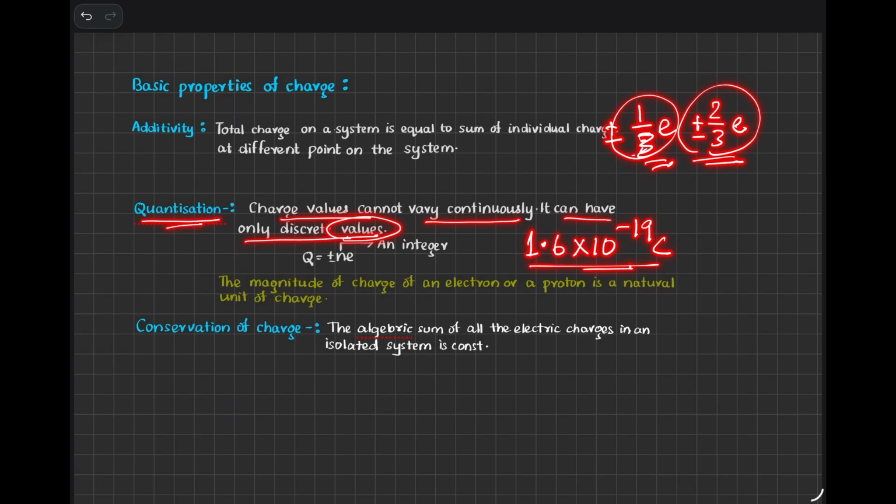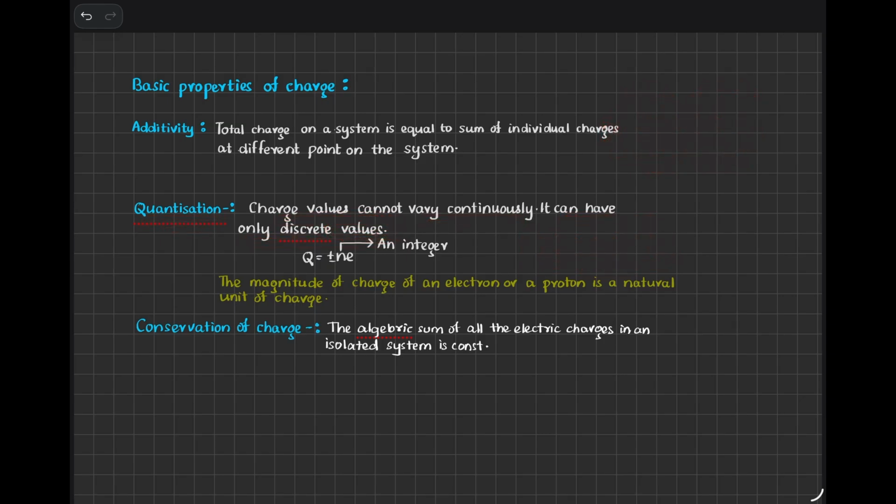So that means this amount of charge we cannot get in isolation. In isolation, the minimum amount of charge that we can get is the charge on an electron. It can be plus e or minus e, doesn't matter, but the amount should be the amount of electronic charge. That's why any matter can only have a total amount of charge which is an integral multiple of one electronic charge, right? And also the magnitude of charge of an electron or a proton is the same, one is just positive, the other is negative. This is a natural unit of charge.